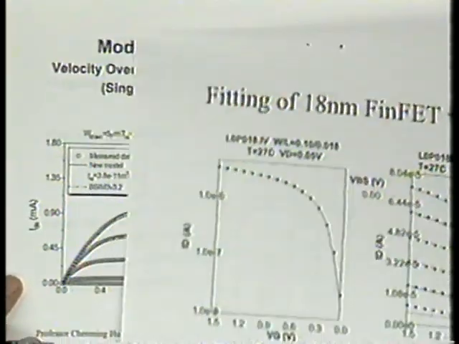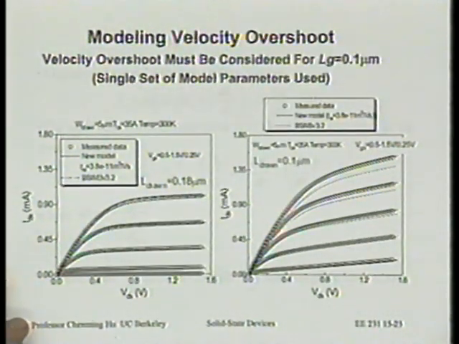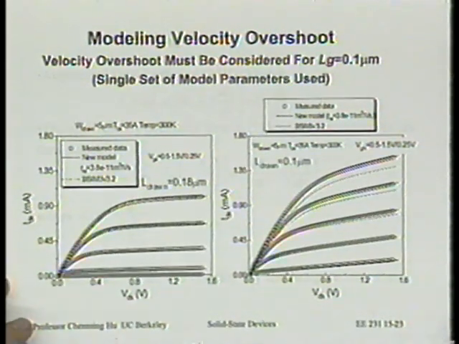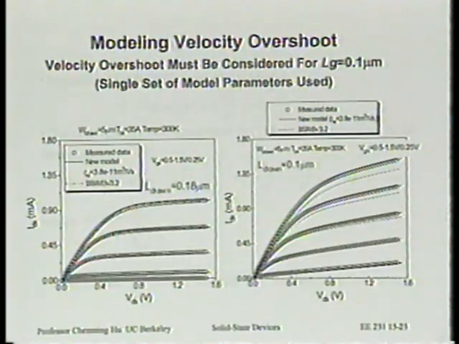But I think the basic physics we know today, even if it's not totally correct, for example, because we did not consider the source side thermal velocity limit, for circuit design purposes at least, it seems that it can go quite a while.